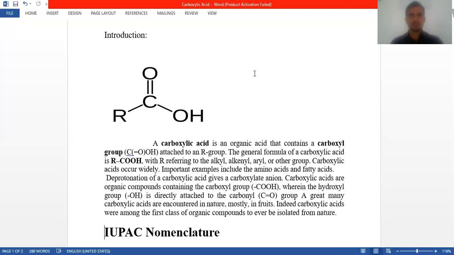And this carboxyl group is attached with the group R. R may be the alkyl group, the alkenyl group, the aryl group, or other groups.